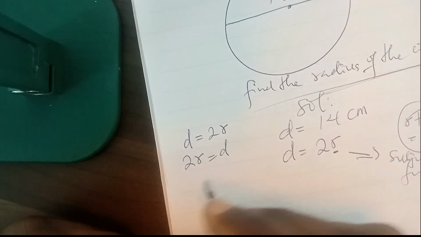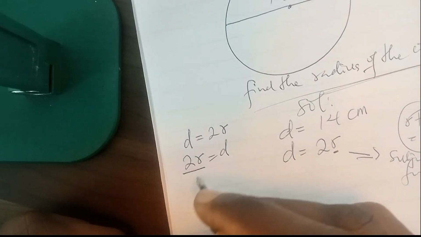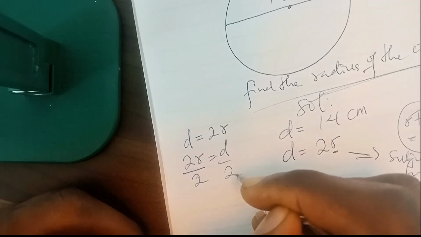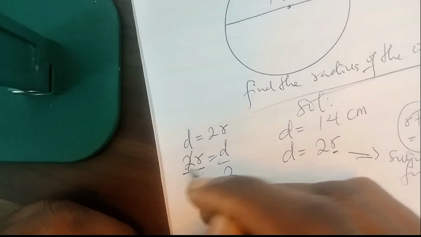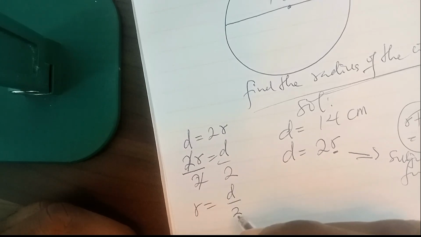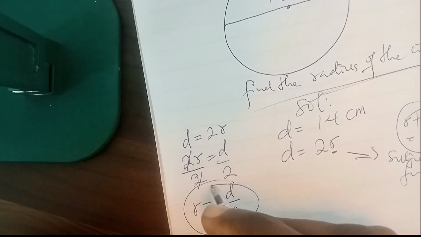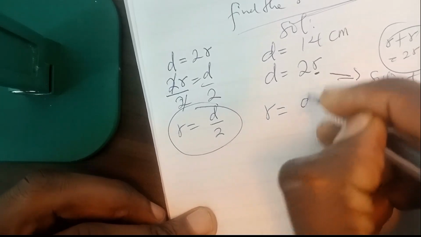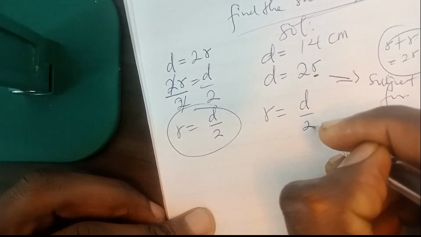So we divide both sides by 2. The 2 cancels, so the radius is when you divide the diameter by 2. So this is the formula we are going to make use of: radius equals diameter divided by 2.